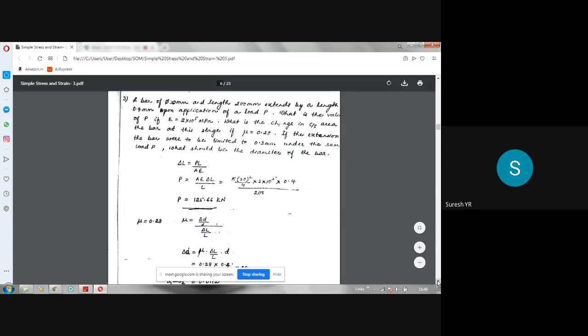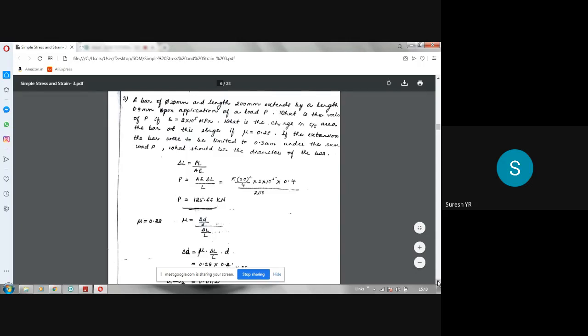So the mu value he has given is 0.28. I have told you that for steel, mu value can vary from 0.25 to 0.3. Here he has given it as 0.28. So first step, we have to calculate the load P. Then after finding load P, if mu is equal to 0.28, what is the value of change in cross-sectional area?